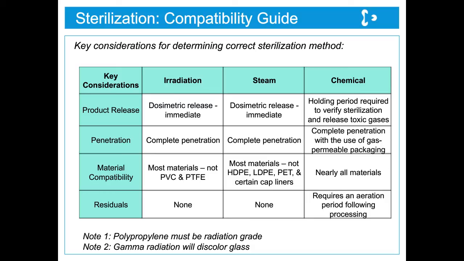Steam sterilization, it's most materials, however, it's not your polyethylenes, which are your HDPE or your LDPE or your PET. Also, you need to take into consideration the cap and the liner as well if you're doing steam sterilization, again, because it's a high temperature sterilization method. Now, chemical sterilization, the majority of the materials are compatible with it, again, because it's a low temperature sterilization method, and if you recall, it's only roughly around 45 degrees Celsius.